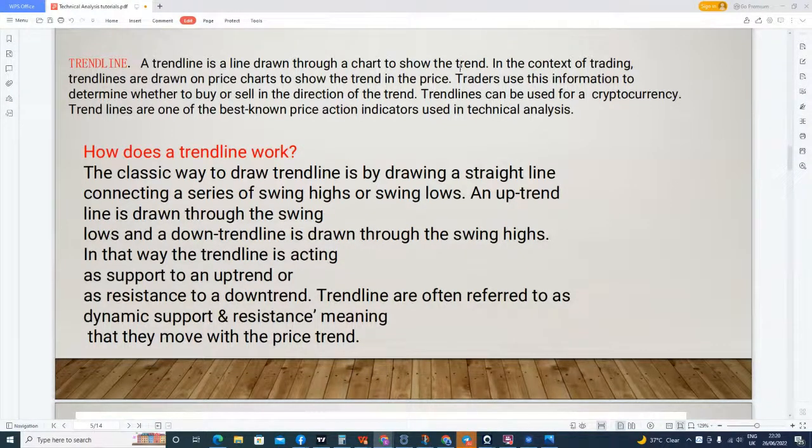It's only when you draw an accurate trend line that this will help you to know which state of the market we are in. Are we in the downtrend? Are we in the uptrend? So there are some trend lines that you will draw. Let me go to the chart and show you something.